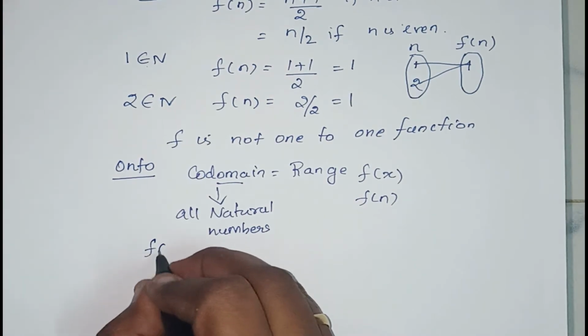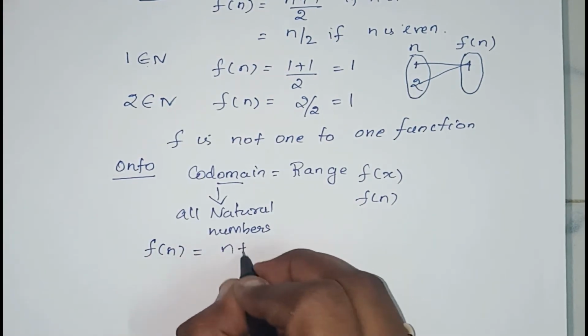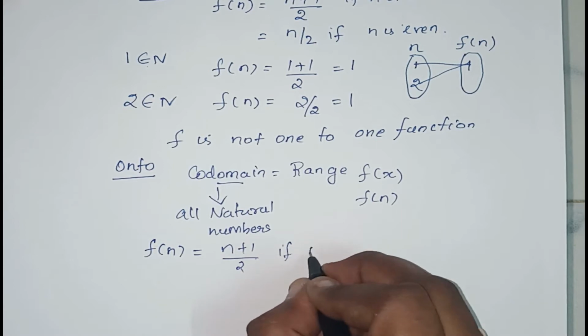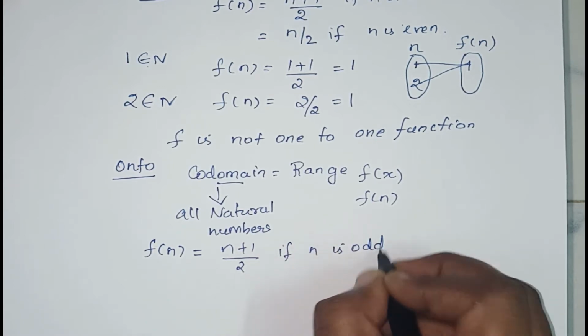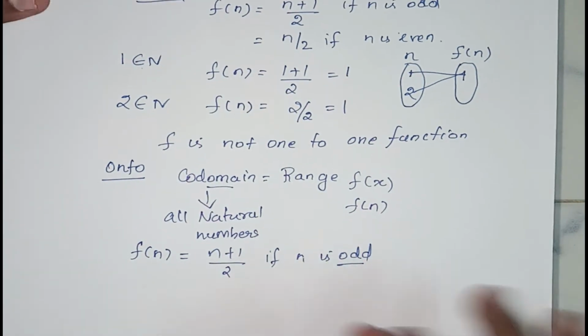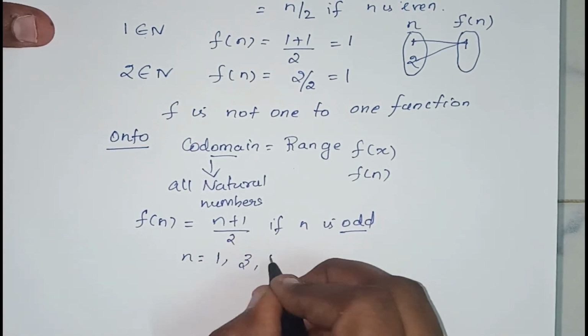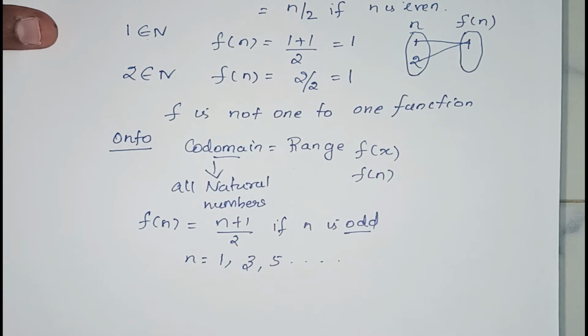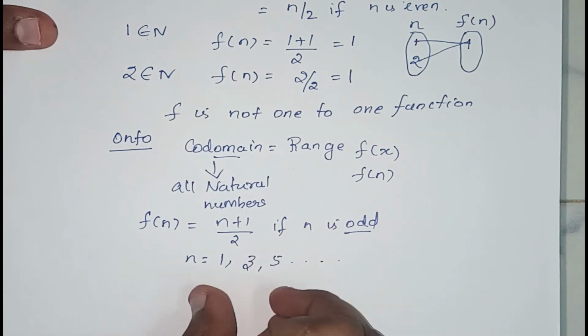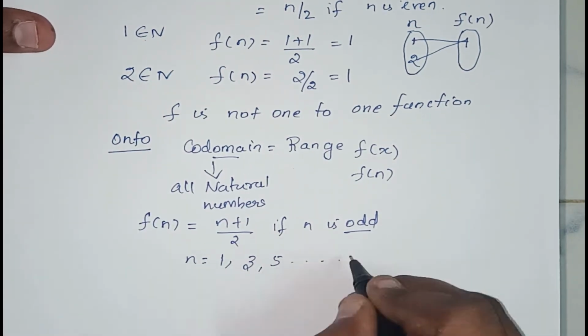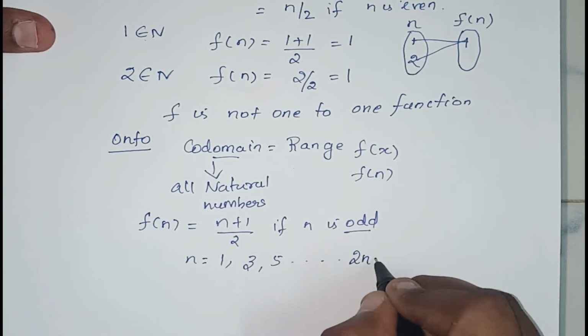So the function is given as f(n) = (n + 1)/2 if n is odd, right? What do we mean by odd? Odd numbers means n = 1, 3, 5, and so on. We can generalize odd numbers by taking 2n − 1.